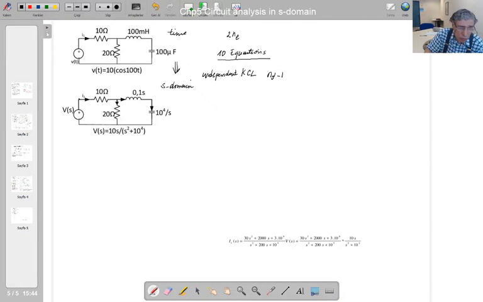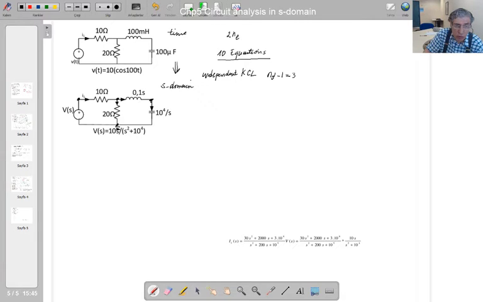If this node is chosen as a ground, so there are 1, 2, 3, 4, including the ground. So minus 1, so discard this node. So there are only 3 nodes in this circuit, and ND minus 1 is equal to 3 then. So we are going to write 3 Kirchhoff current law equations. These are the independent equations.